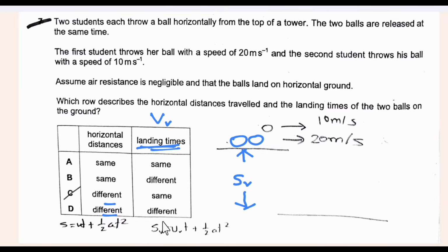And if we consider this surface as earth, then the acceleration is 9.81, and since the air resistance is negligible, there is no resistive force, so the acceleration is constant, 9.81. So acceleration is also the same for both objects.